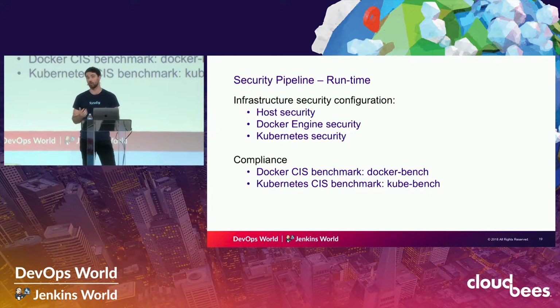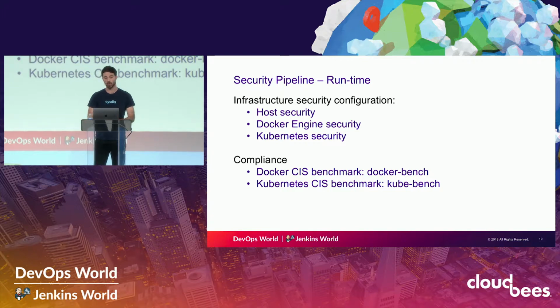Another really nice thing from an open source perspective here is you have the Docker benchmark and the Kubernetes benchmark, and these are basically compliance tasks that you can run that will look at your containers, your hosts, and Kubernetes to see if you've configured all of those in a secure fashion.